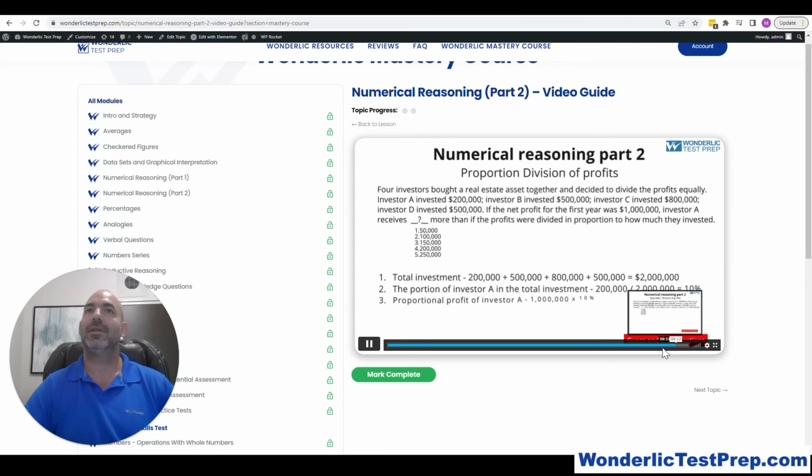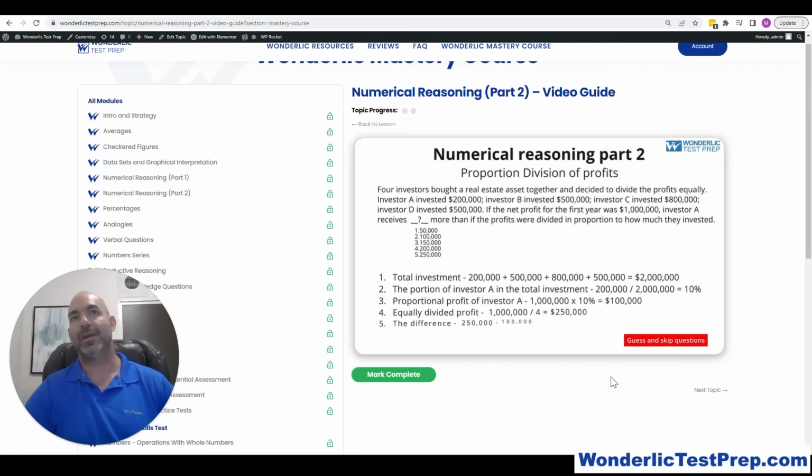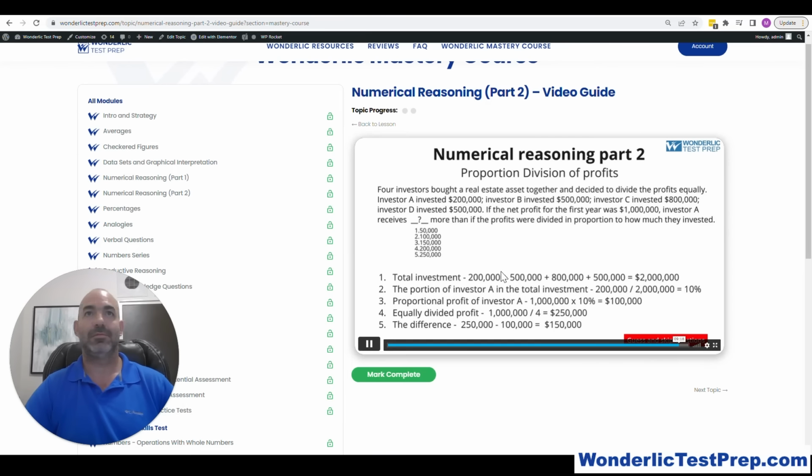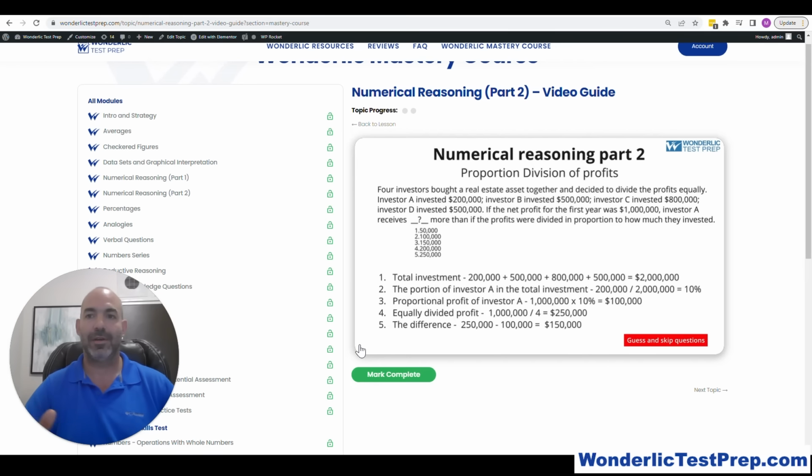This is very complex for this type of test, and you can definitely have one of these questions in your test. So it's super important to know all the math questions that you will have, and also be aware of these time traps that you need to just, again, guess and move on right away.